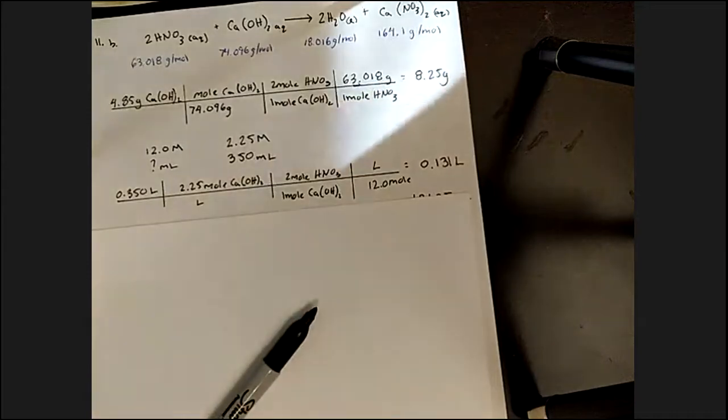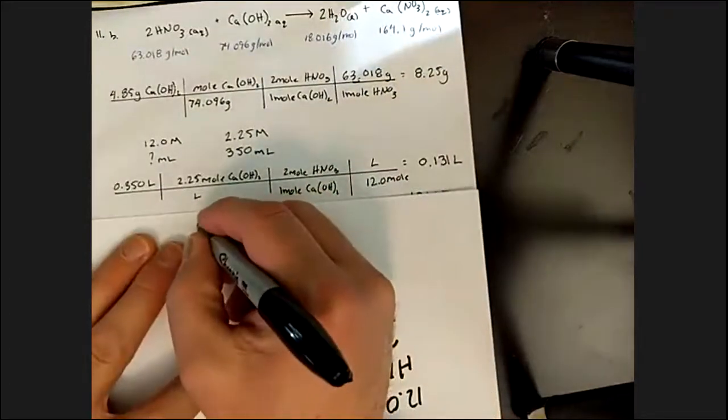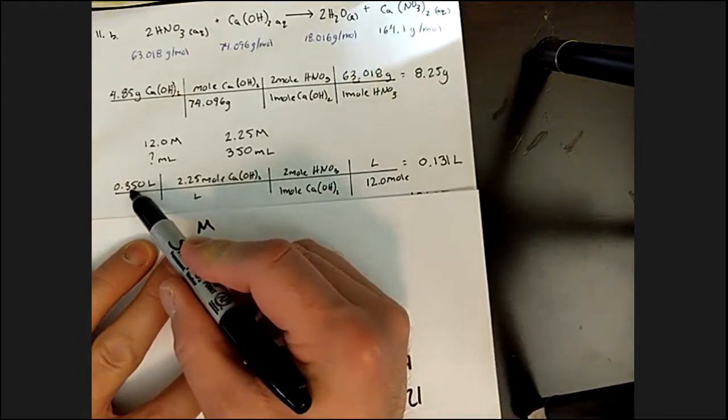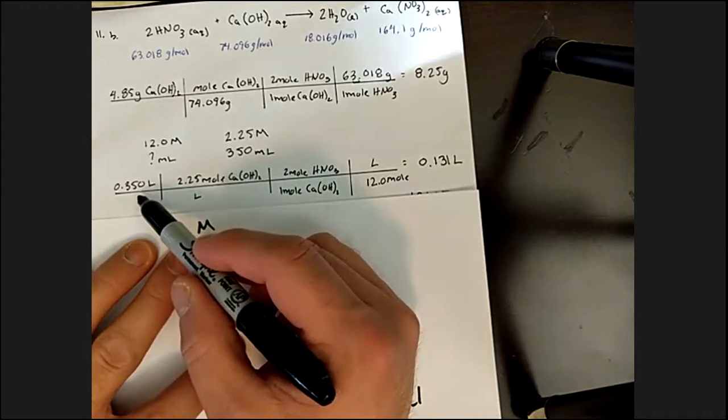So we have the molarity. Okay, so we're starting from the volume. The volume here was 350 milliliters. You do have to convert this over to liters.